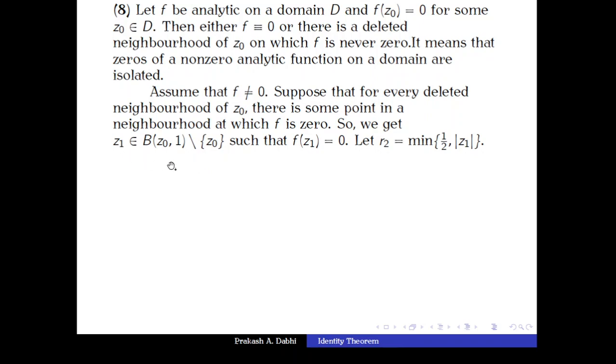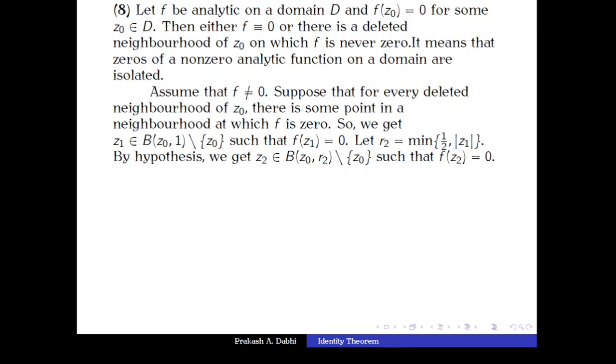Note that z1 is not equal to z0. Again by hypothesis, there exists some point z2 in this deleted neighborhood such that f(z2) equals 0.